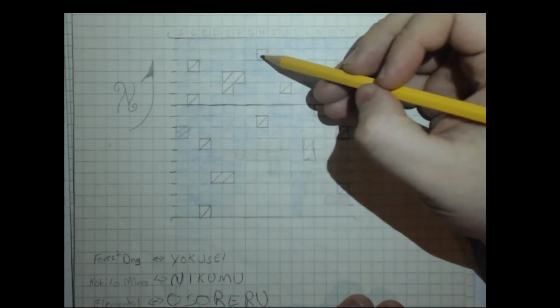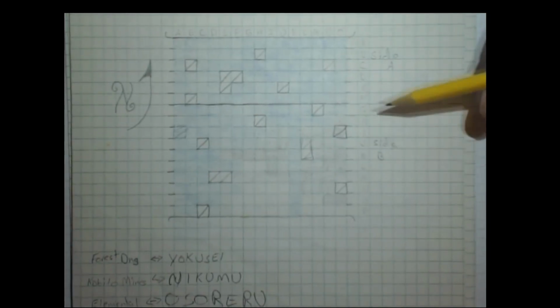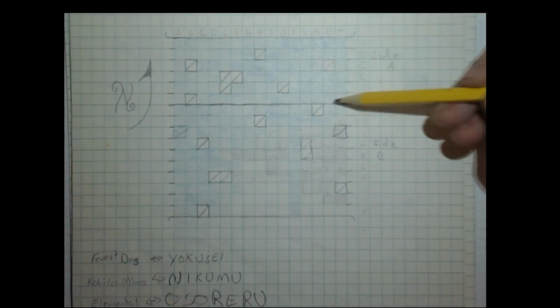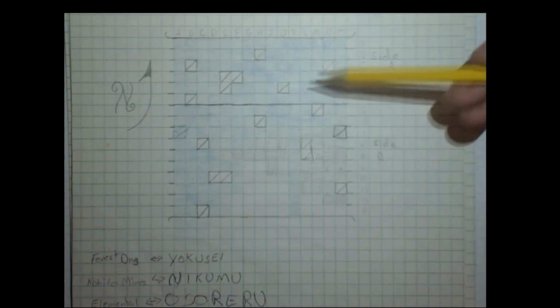So we just needed to know which area had a landmass on it, and that's how we could get around and find where we needed to go for things. We even figured out where the side A and side B of the discs are. I think it's interesting that side B had less space on it in terms of the outdoor world. I'm not sure why that is. Maybe there were more cities up here.